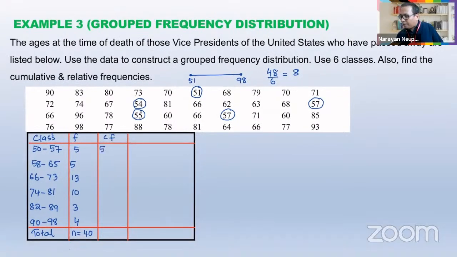The next one is 5 plus 5, that is 10. 10 plus 13, 23. 23 plus 10, 33. 33 plus 3, 36. 36 plus 4, 40. As I said, that last value should be equal to n. We got that, right? Those two values are exactly the same.